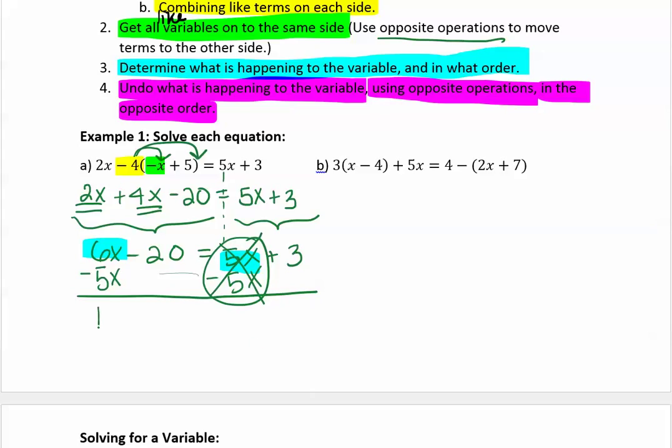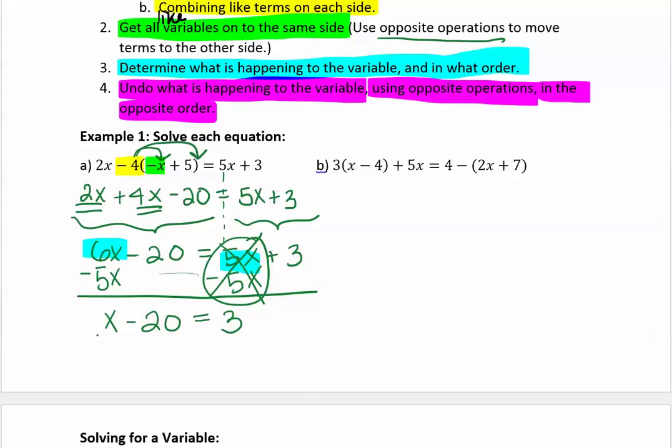6x minus 5x is 1x minus 20 equals 3. Now, we don't really have to write 1x here. So 1 times x is just x, so I'll erase that. So now we're looking at undoing what is happening to the variable and in what order. Usually at this point you might have two things happening, like something multiplying and something subtracting.